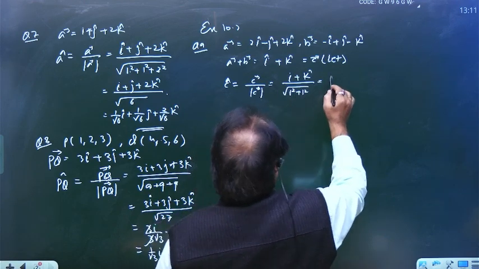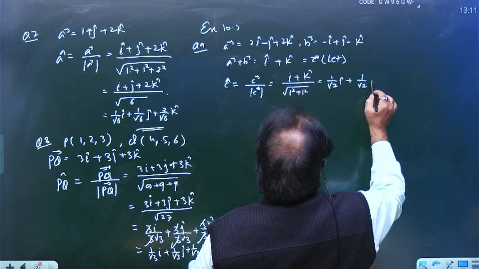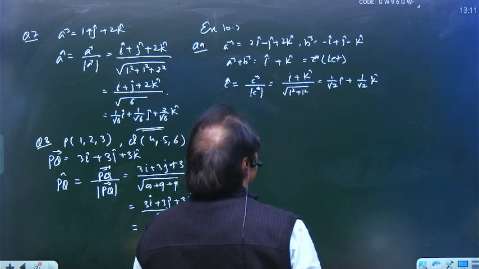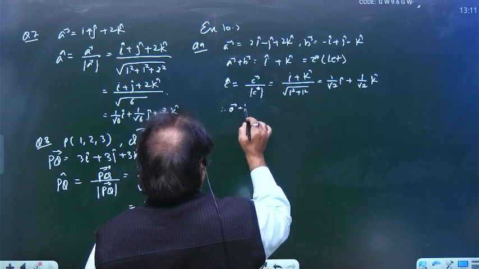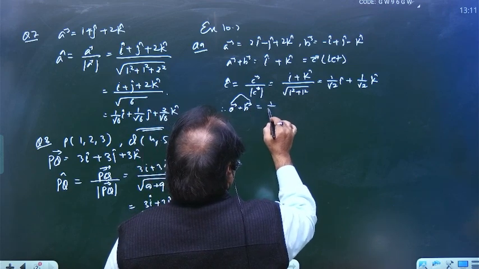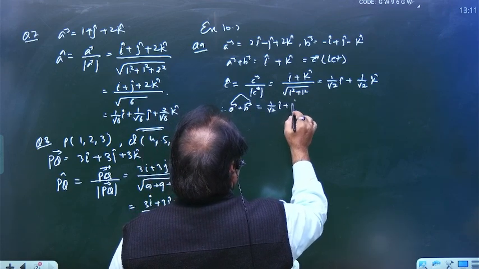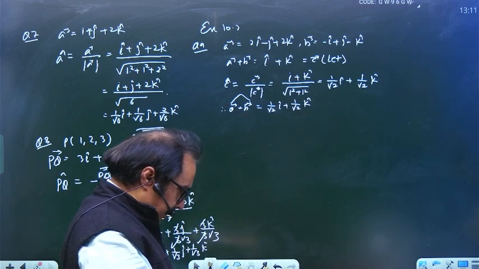So finally it is 1 by root 2 i cap plus 1 by root 2 k cap. Therefore the unit vector of a plus b is equal to 1 by root 2 i cap plus 1 by root 2 k cap, and this is the final answer.